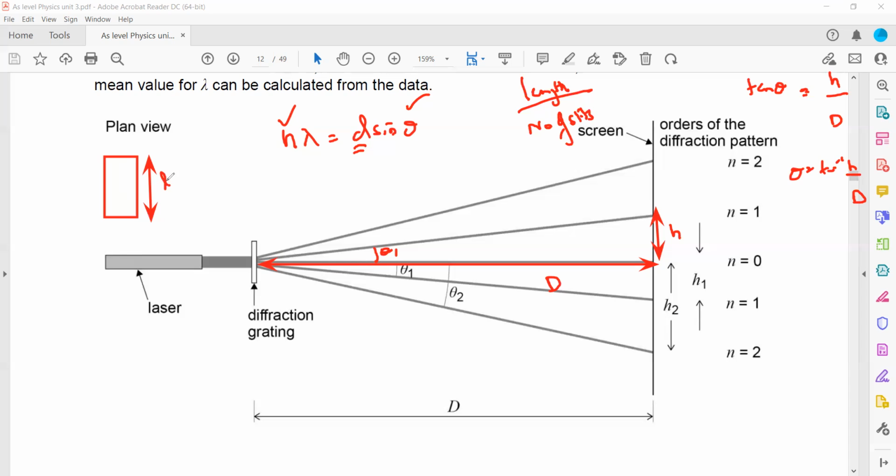The length of the grating element divided by the number of slits gives the distance between two slits, which is d. So we have d, theta and n, so we can work out the wavelength. Is it clear how we can work out the wavelength of a laser using this grating element?